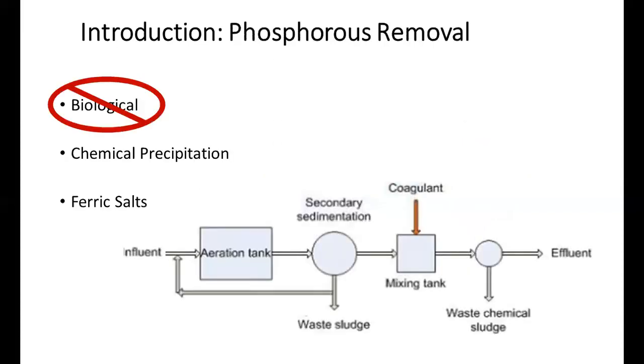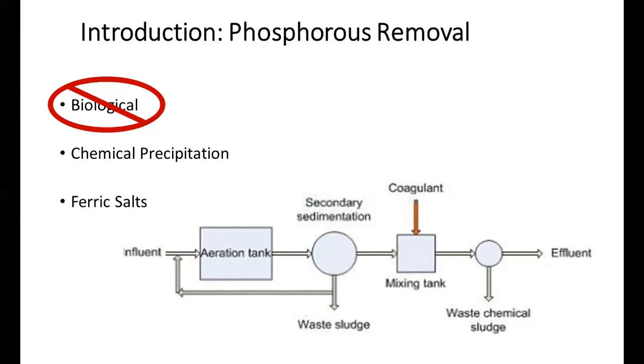Okay, so then chemical precipitation is the other form of phosphorus removal in conventional wastewater treatment plants. Chemical precipitation involves injecting a chemical coagulant into the water treatment chain. These are usually in the form of ferric salts.